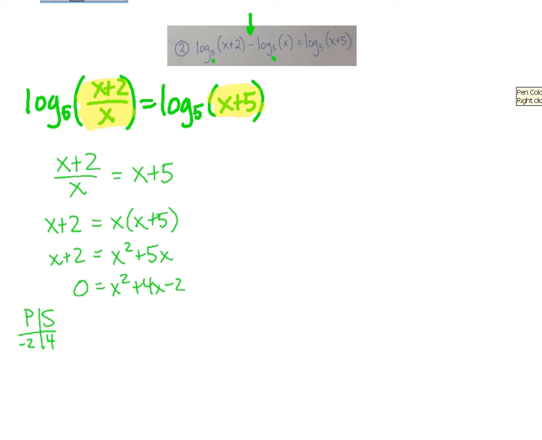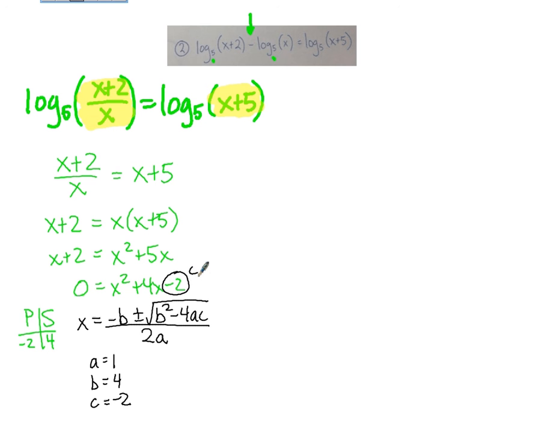So I have to go over to the quadratic formula. It's x equals negative b plus or minus the square root of b squared minus 4ac, all over 2a. In this case, my a is 1, my b is 4, and c is negative 2. So that's the c, that's the b, and this hidden 1 is the a. Let's plug it all in.